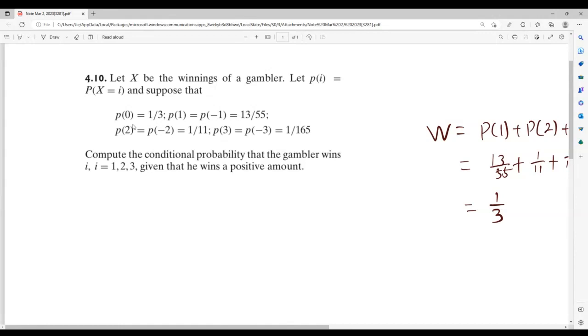P of 2 equals P of -2 equals 1/11. P of 3 equals P of -3 equals 1/165. Compute the conditional probability that the gambler wins i equal to 1, 2, and 3, given that he wins a positive amount.